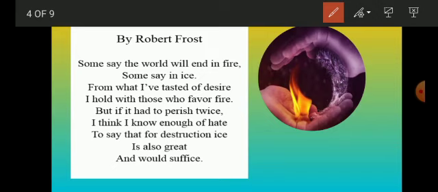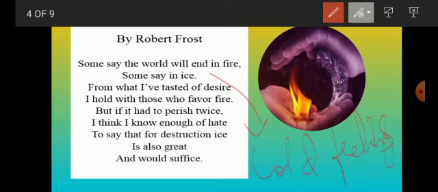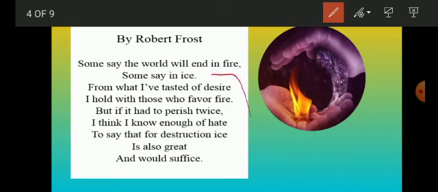In the second line, the poet says that some say in ice. It means that some people believe that the world would end in ice. Here ice represents cold feelings, which are opposite to fire.